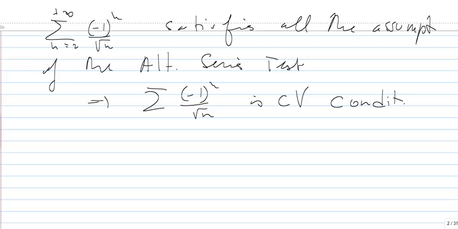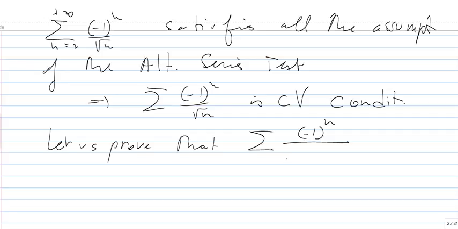Now what we need to prove is, as the problem states, that the series minus 1 to the n over square root of n plus minus 1 to the n is divergent. Great.